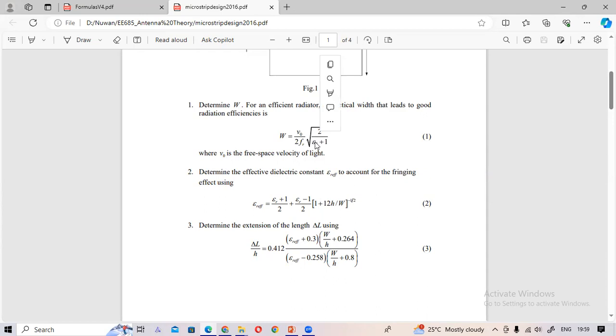Epsilon r. What is epsilon r? If you understood the previous week's lecture, you should be able to tell this. Please tell me, what is epsilon r?